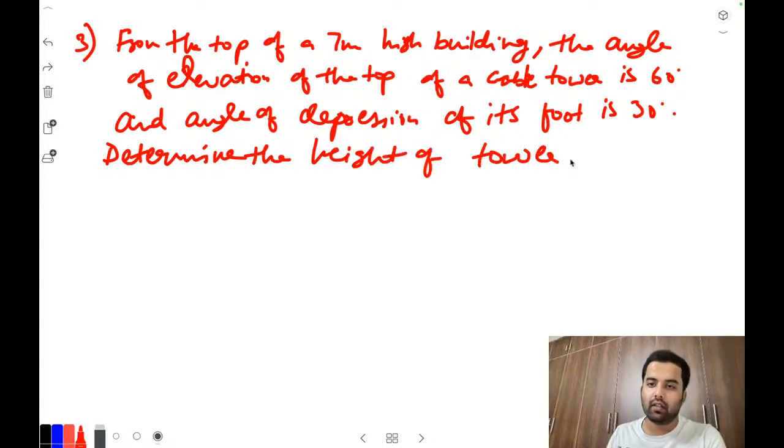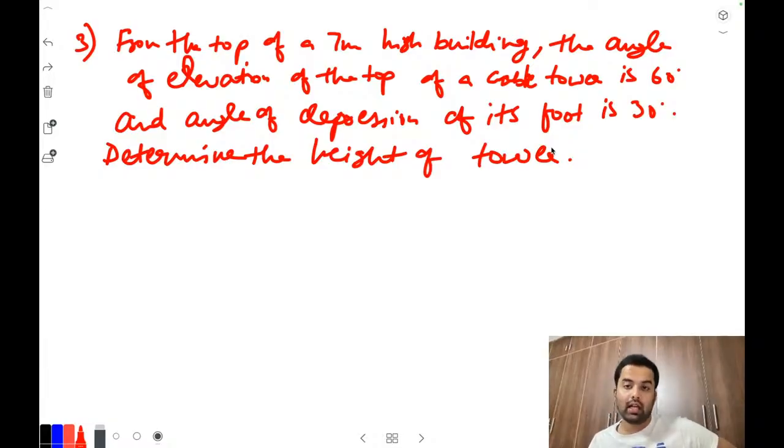Okay, we kept the question on the screen. Kindly copy this and try to do it on your own. We'll wait for some minutes. Make a diagram according to the given question first, then only figure out the answers.